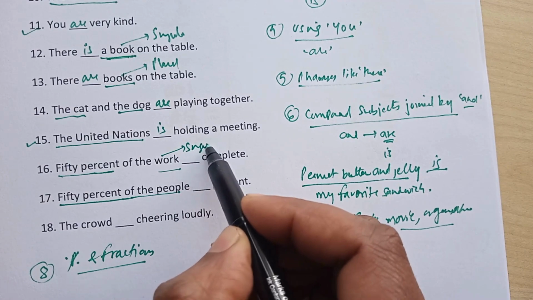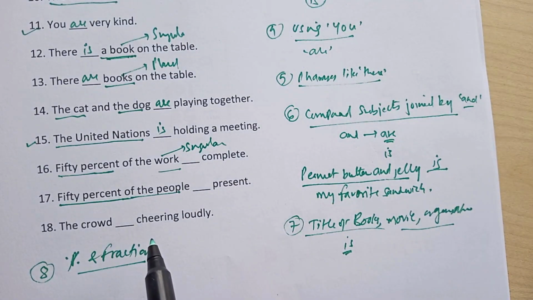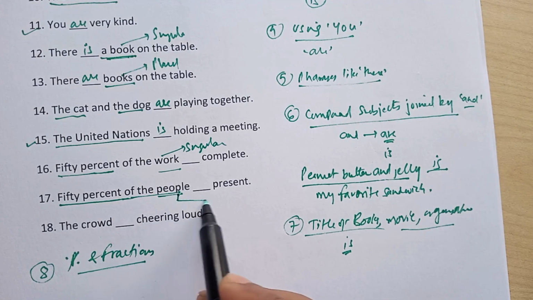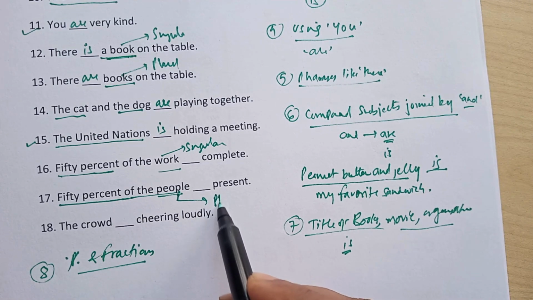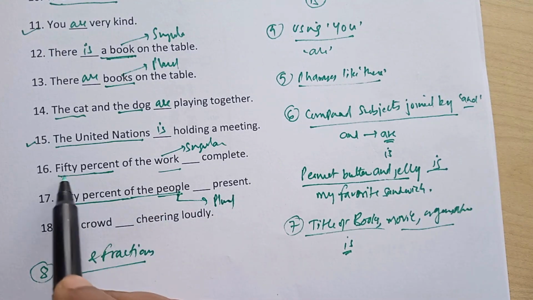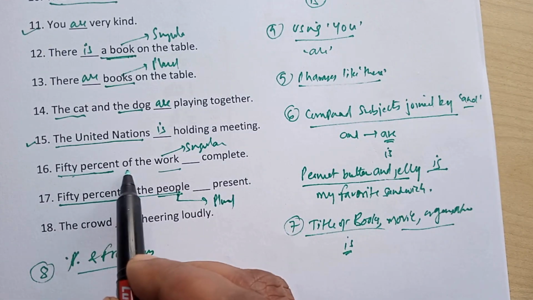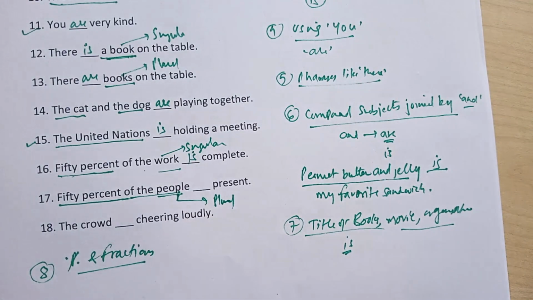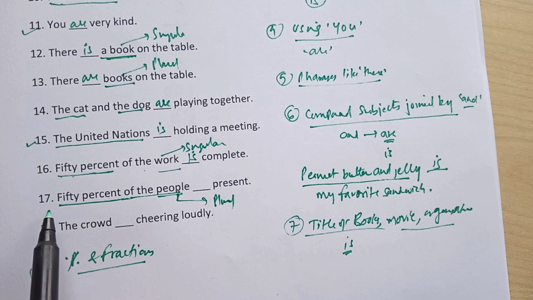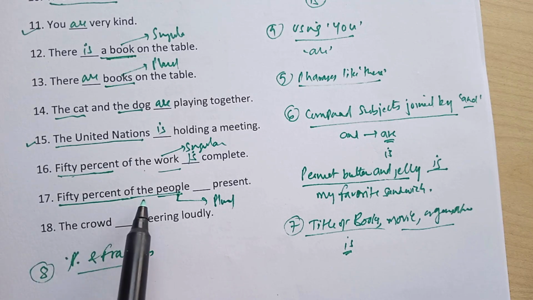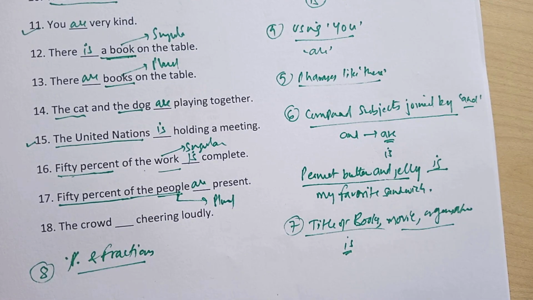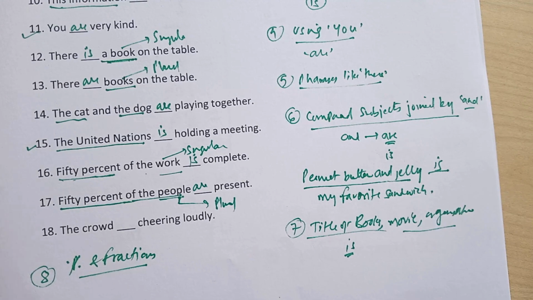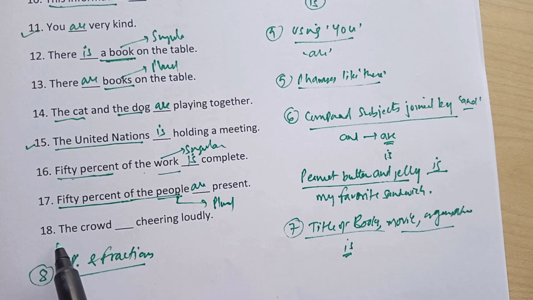This is singular. What is people here? People we treat as plural. So in this case, we'll be using: 50% of the work is complete. In the second case: 50% of the people are present.